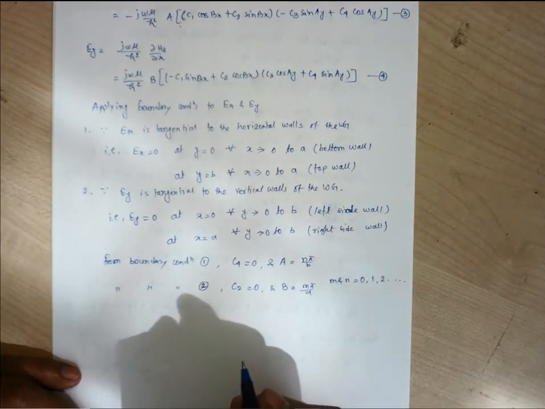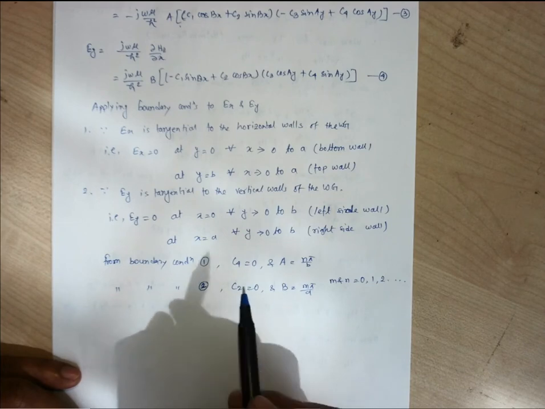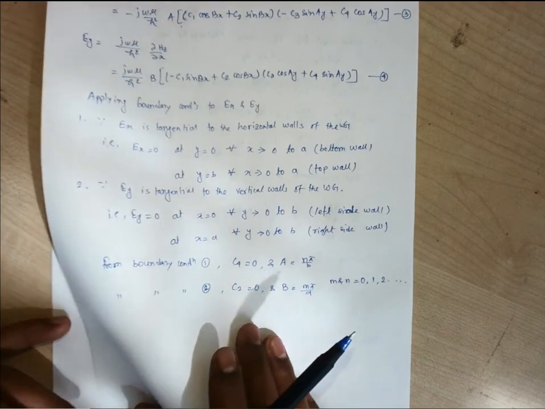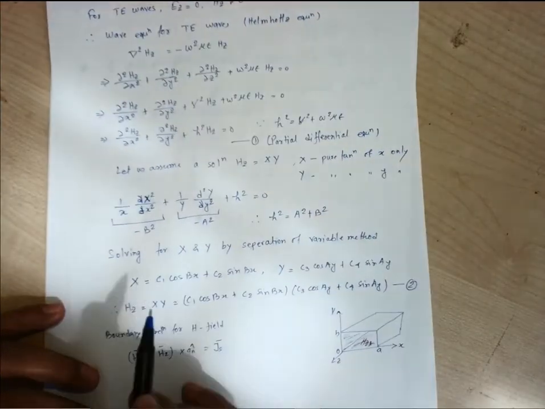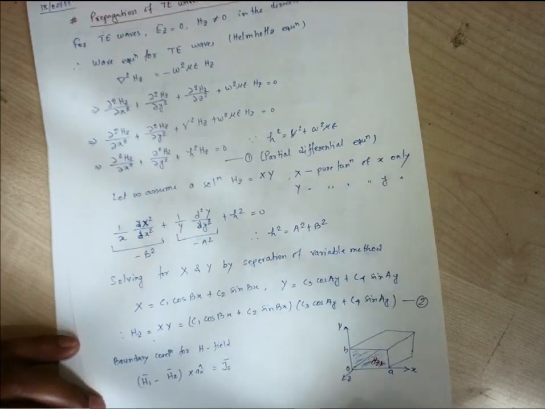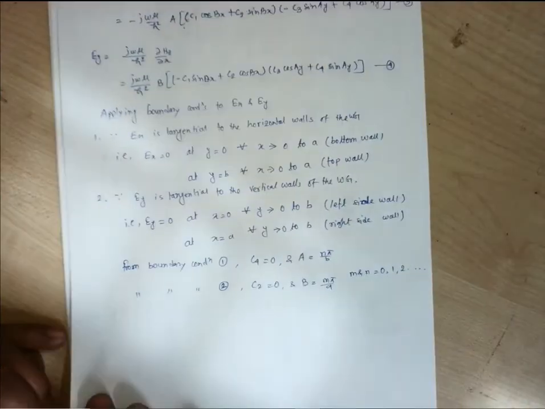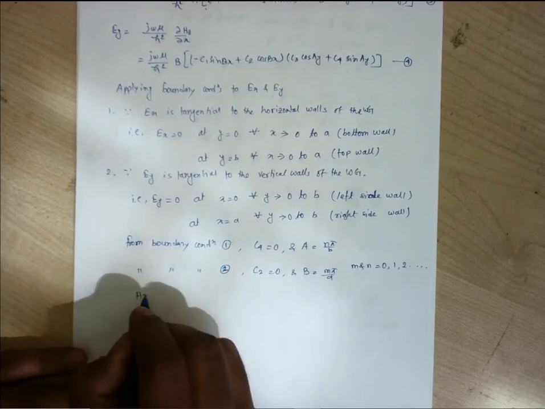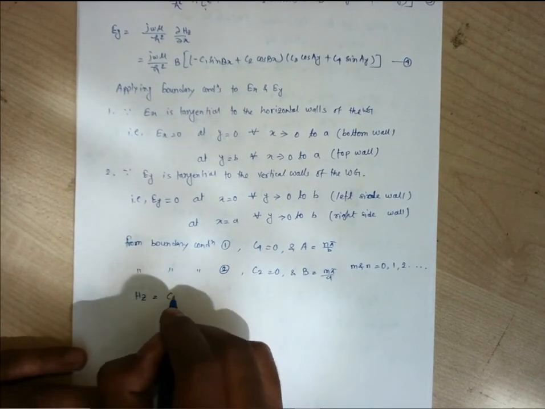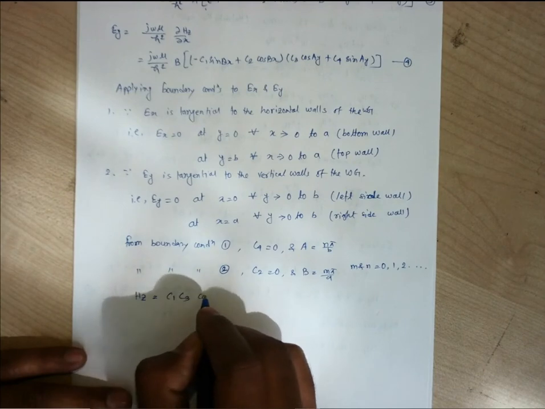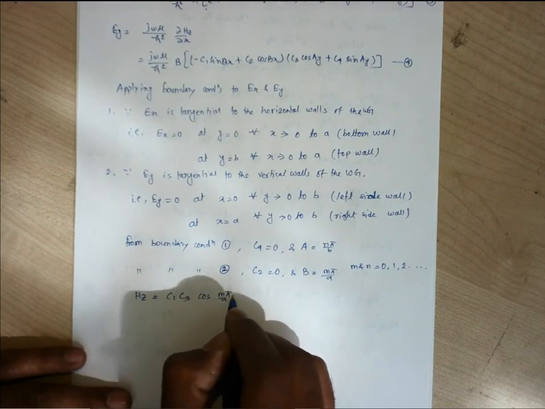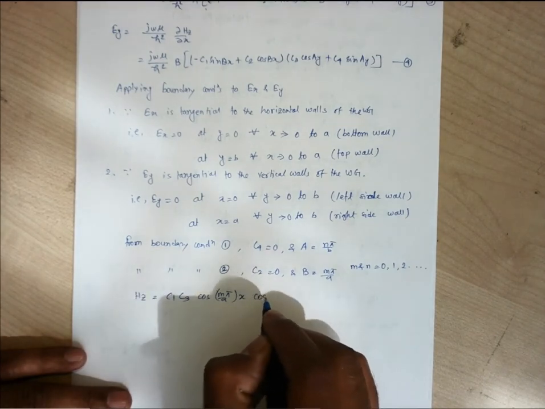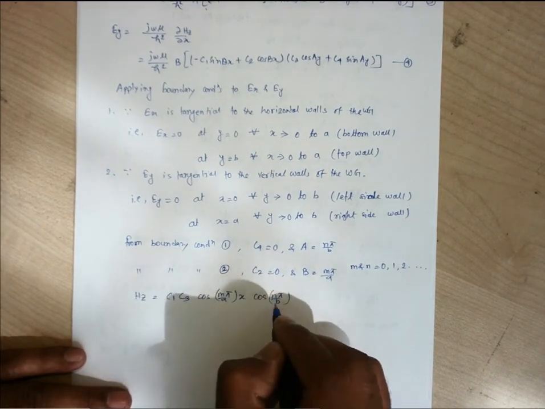Okay, so we have our constant values for these field components. Then we can simply put these constant values in the Hz expression, so this one will get simplified. So this Hz will be c1 c3 cos m pi by a x into cos n pi by b y.